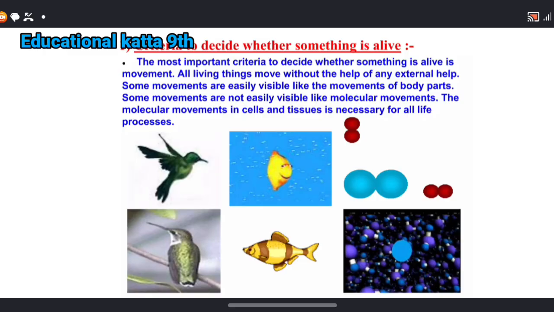Because the first statement says that the most important criteria to decide something is alive is movement, and movement is that you are walking, you are talking, and that action you are doing with body parts, that is movement.